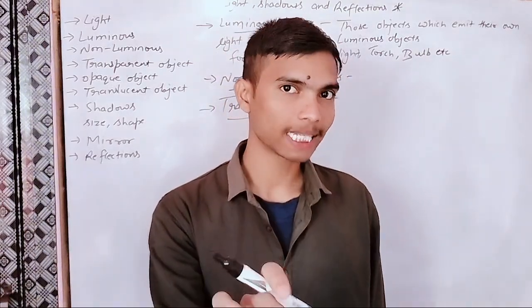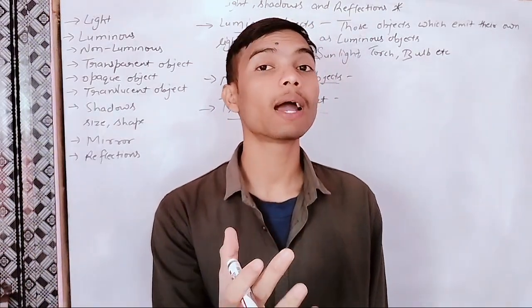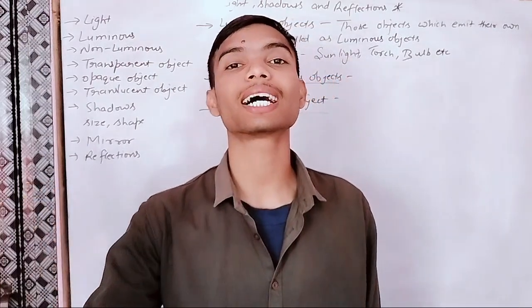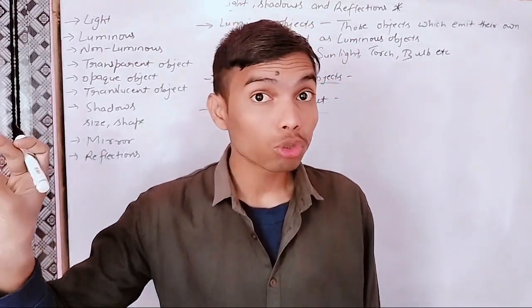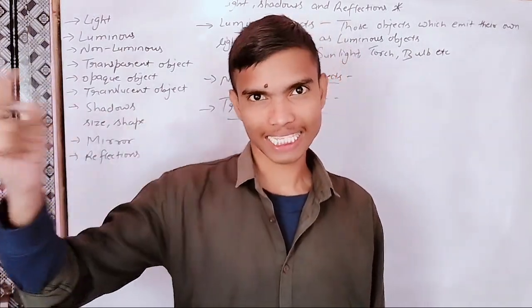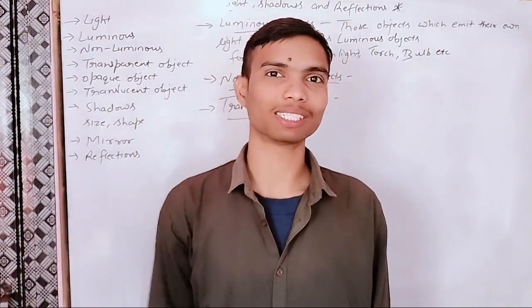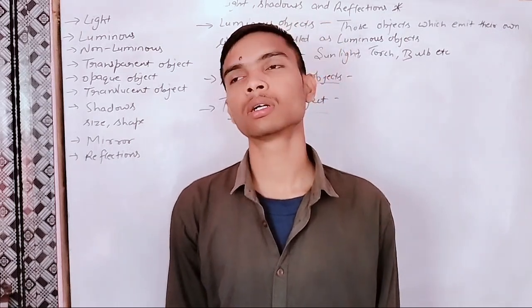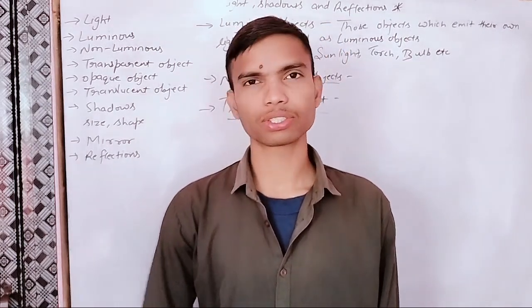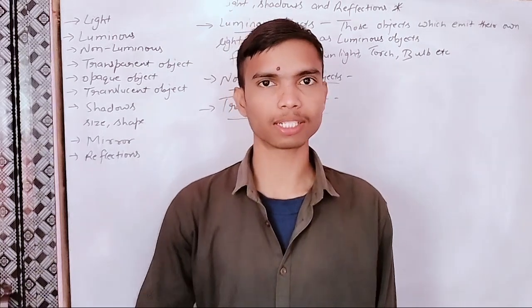A person can see the area behind the object. So those objects will be considered as transparent objects. Clear? This was the definition which explains it practically.